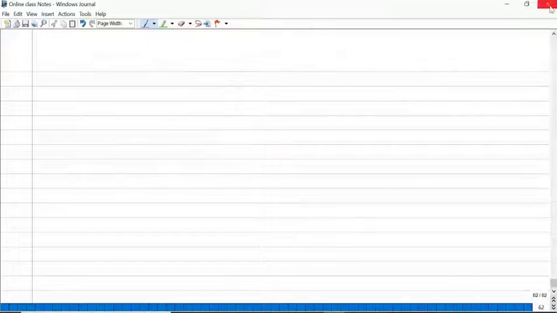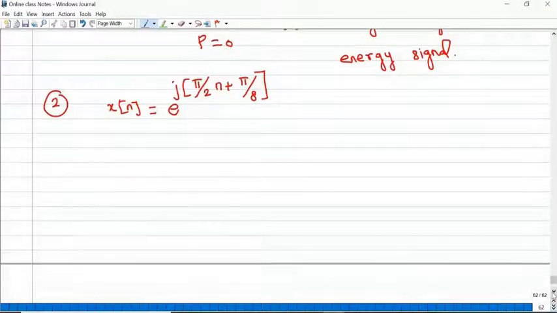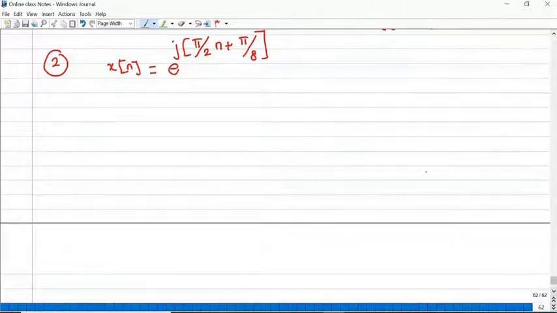Now, can anyone tell me whether it is a periodic signal or aperiodic signal? E power j pi by 2 n. Periodic, sir. Periodic, because the pi term is there. So if you find capital N equal to 2 pi by omega, the pi will be cancelled. So your capital N is a rational number. Therefore, the signal is a periodic signal.